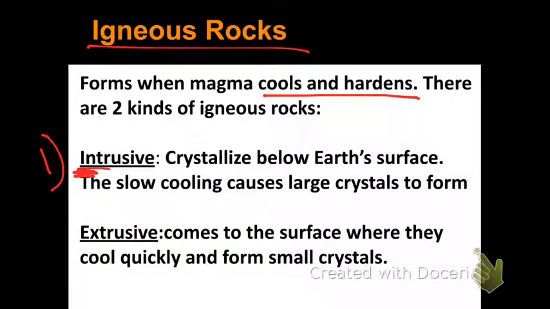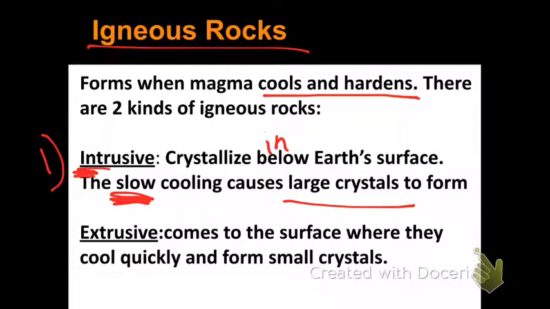They crystallize below, aka in the earth, and because they are cooling and hardening inside of the earth, they cool very slowly. Because think about this magma that is buried within the earth. It's very insulated, so it's going to take it a long time to cool off because it doesn't have any air reaching it. And so because it's cooling so slowly, it will create large crystals.